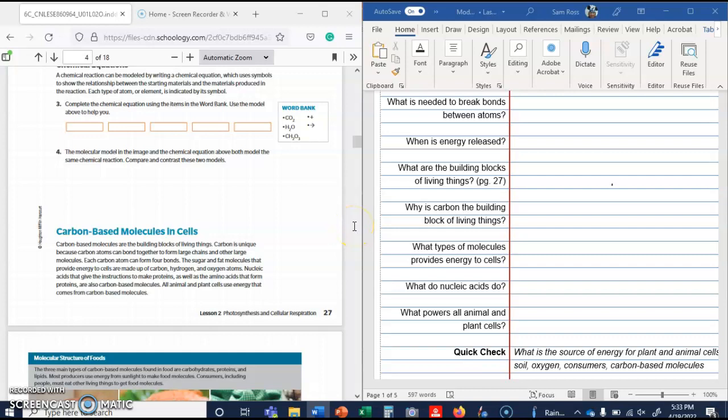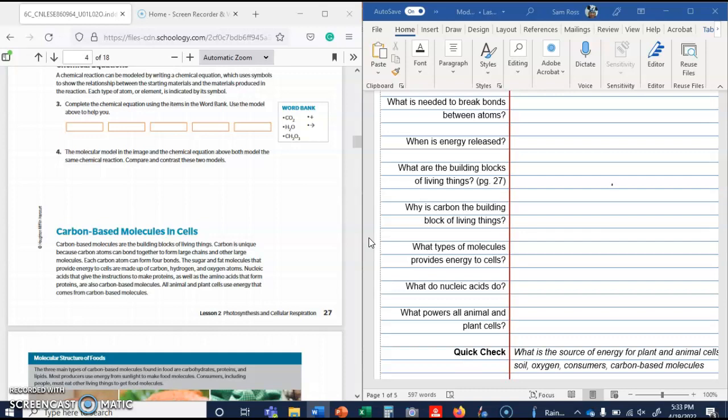Carbon is unique because carbon atoms can bond together to form large chains and other large molecules. I'm sorry, I'm just looking and reading at the same time.